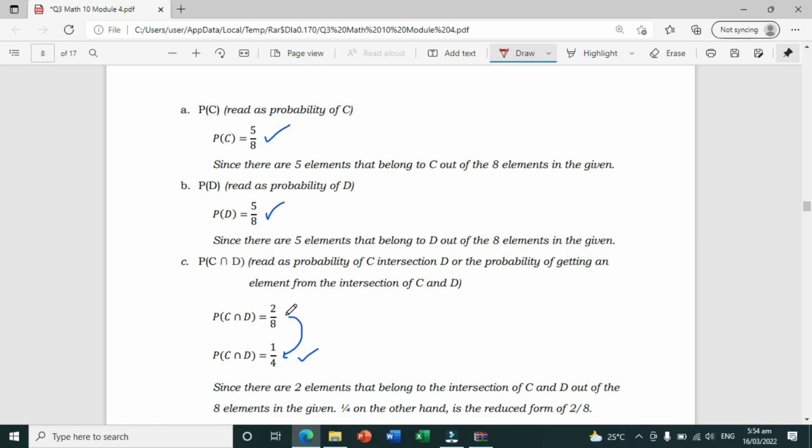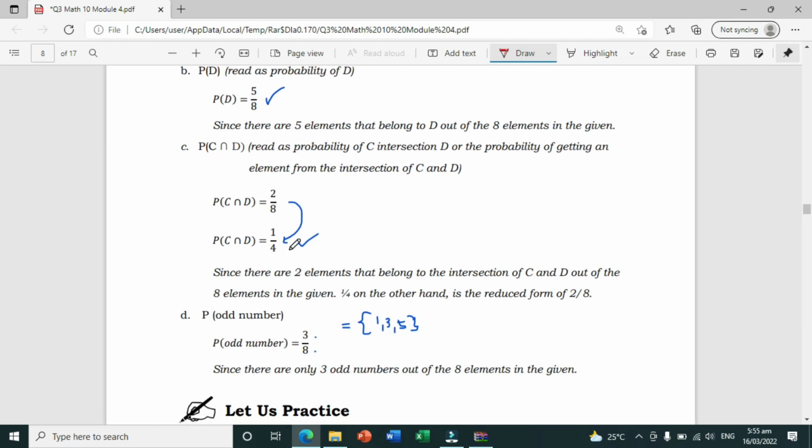And take note, 2 over 8, pwede pa yan ma-reduce in lowest term, divide by 2. Yung numerator, divide din natin ng 2, yung 8. So, 2 divided by 2 is 1, while 8 divided by 2 is 4. So, this is the probability na intersection ng C at saka D. Since there are 2 elements that belong to the intersection of C and D, out of the 8 elements in the given, 1/4, on the other hand, is the reduced form of 2 over 8.